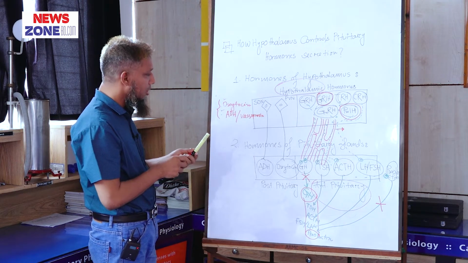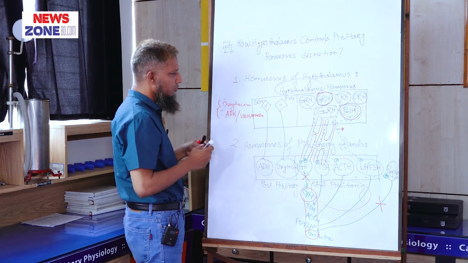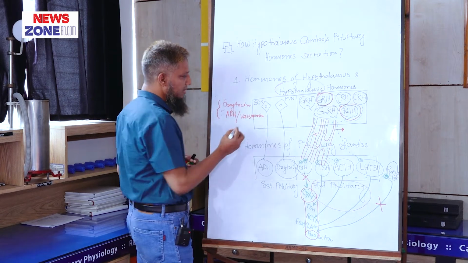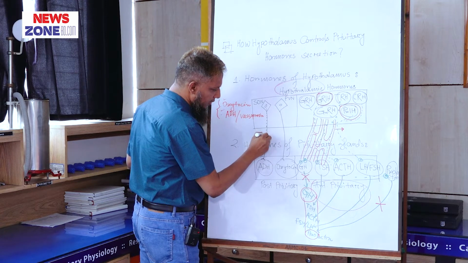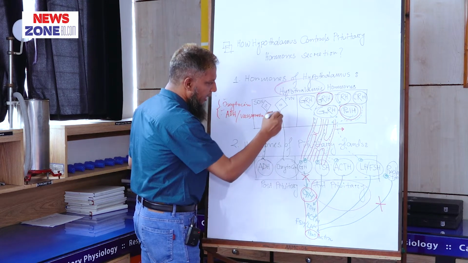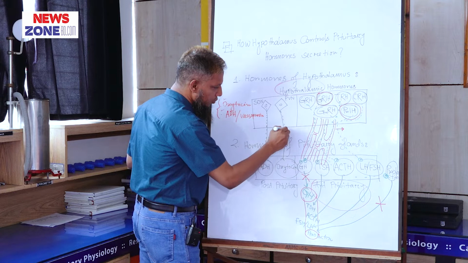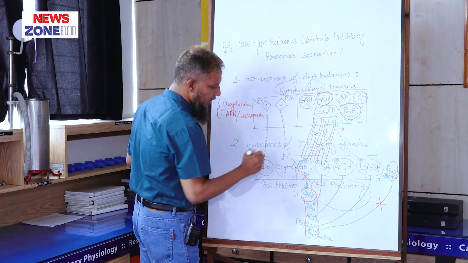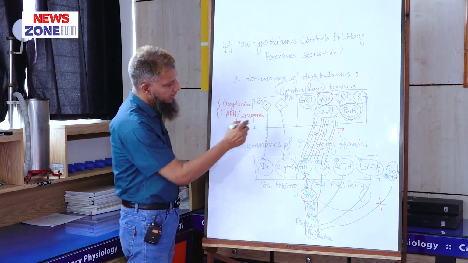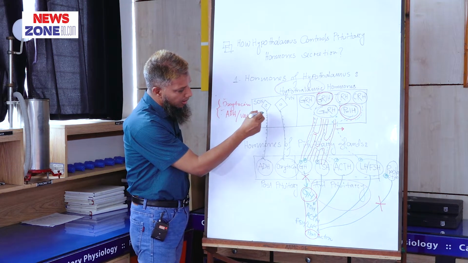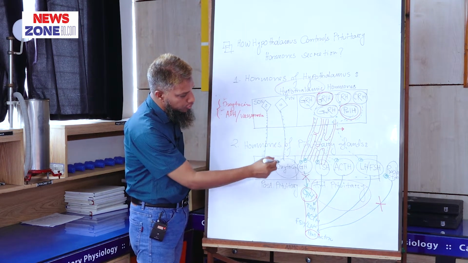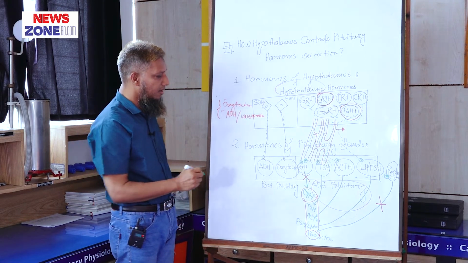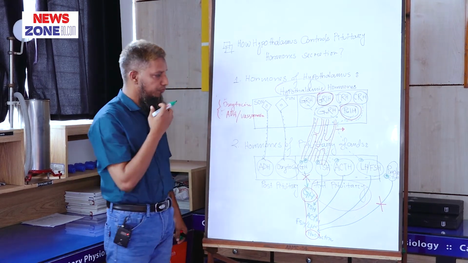And all hormones from the supraoptic and paraventricular nucleus, this is oxytocin and ADH, these two hormones travel via the axoplasm of the nerve fiber and enter into the posterior pituitary and are stored here.